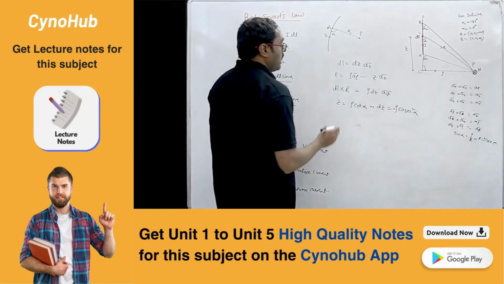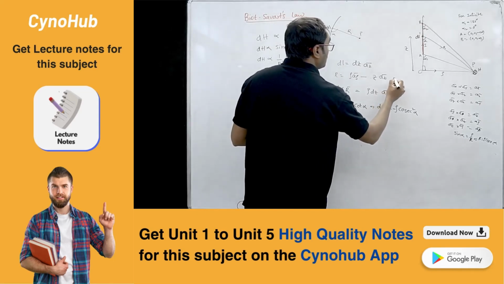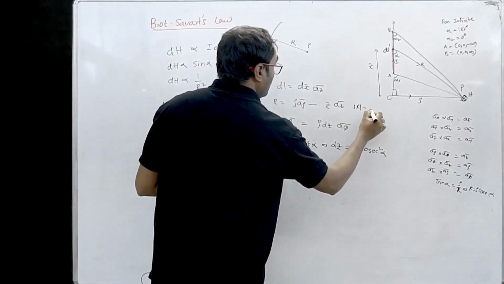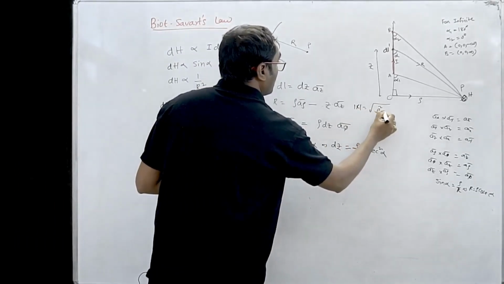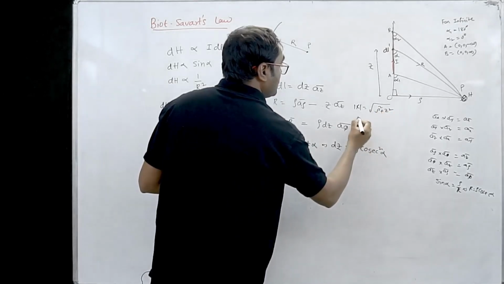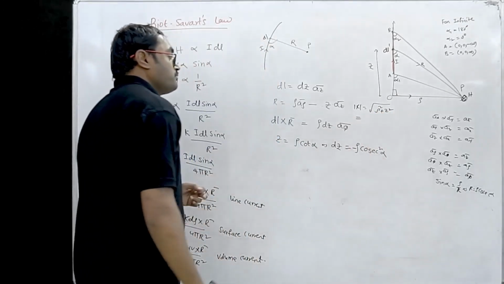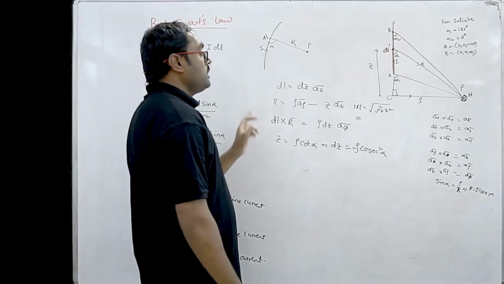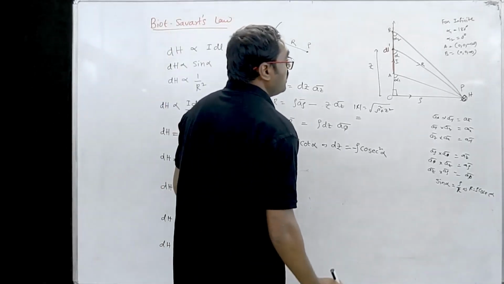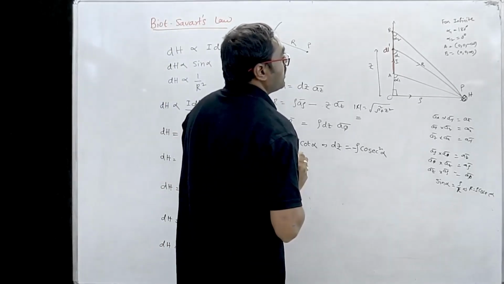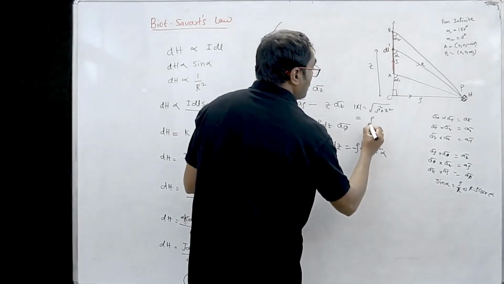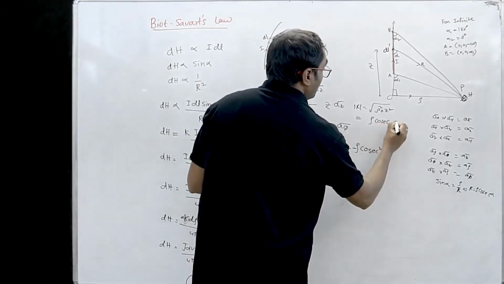r is the magnitude of r, equal to under root of rho square plus z square. This we can also write in terms of rho as r is equal to rho cosecant alpha. Why?